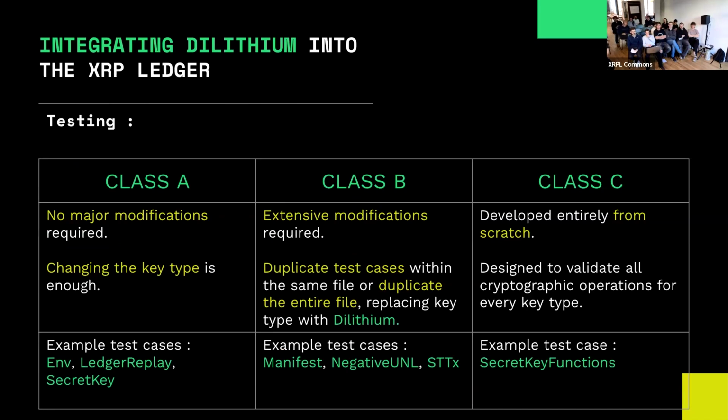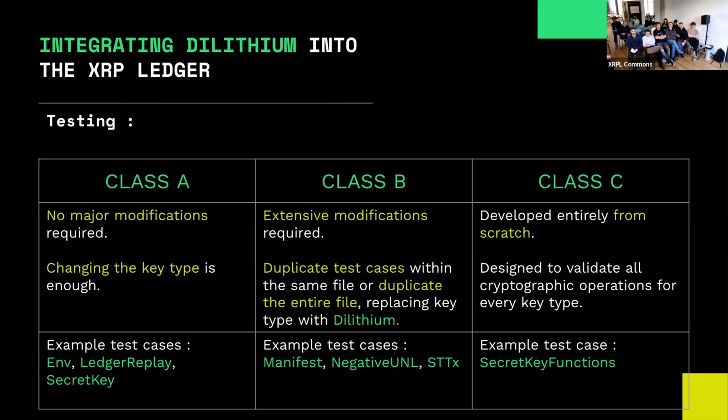Once this was done and some ancillary changes were made, we actually tested these functions and compared how different their nature was, and if they were adding extra load to the ledger due to their enormous key size. So we classified some test cases in 3 different classes.